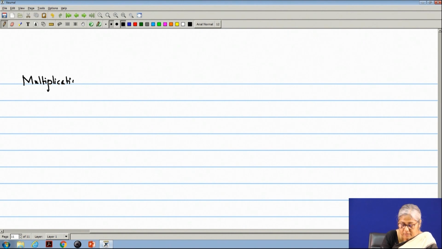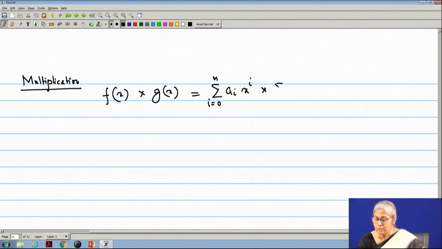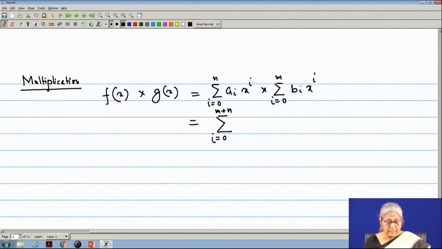If I take the multiplication, f(x) into g(x), this will simply be the sum from i equal to 0 to n of a_i x to the power i, into the sum from i equal to 0 to m of b_i x to the power i. If I do the multiplication, the result will be the sum from i equal to 0 to m plus n, and all the terms a_i b_j will be there.